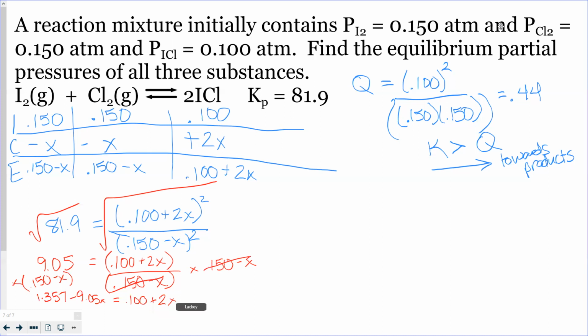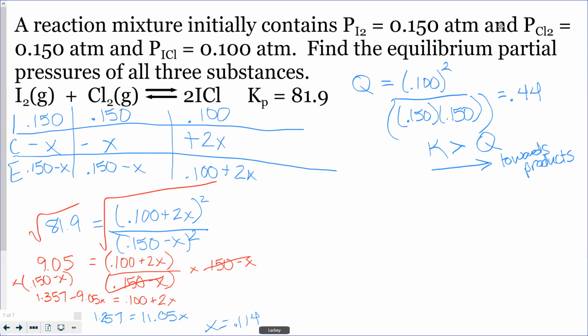So we can get all of our X values to one side. Let me switch colors because there's a lot of red. When we move our X's and our coefficients to one side, we end up with 1.257 is equal to 11.05X. When we divide, we get that X is equal to 0.114.